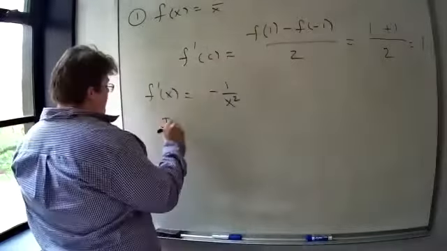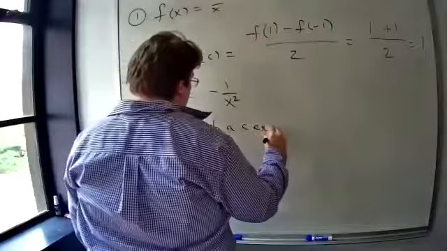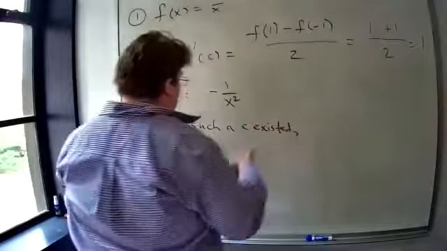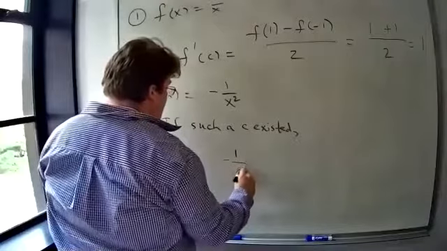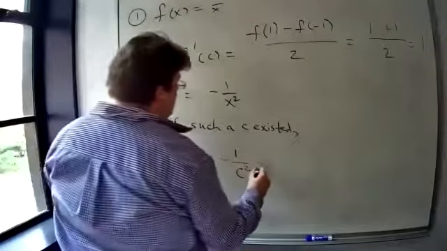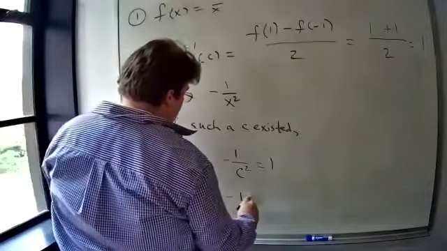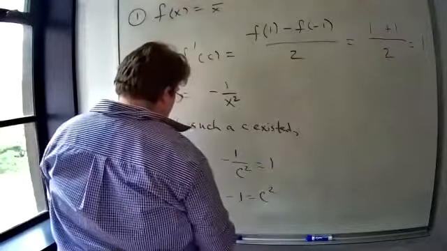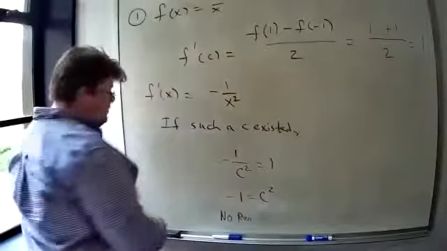Well, if such a c existed, it must satisfy -1 over c squared equals 1. What happens when we solve this? Well, we get -1 equals c squared. No real, I guess maybe I should say real number.